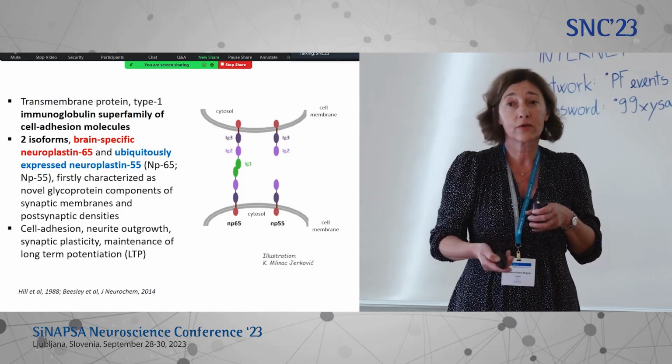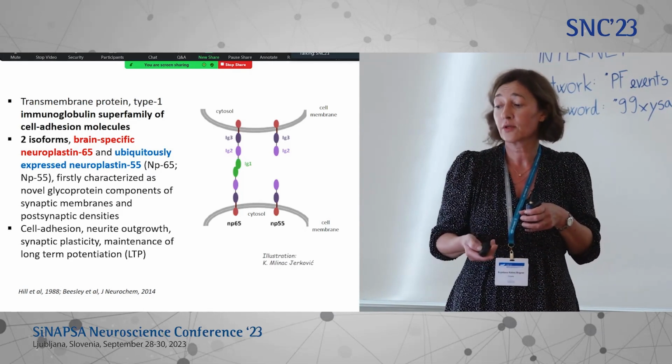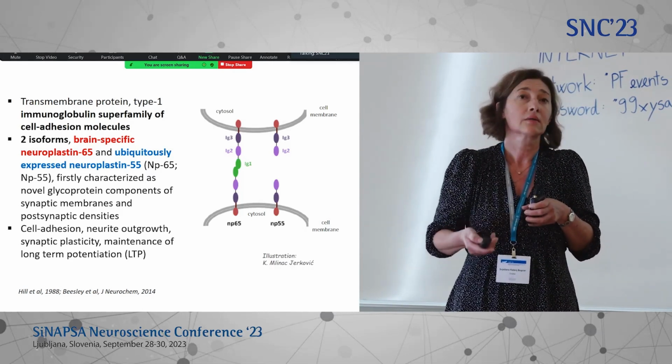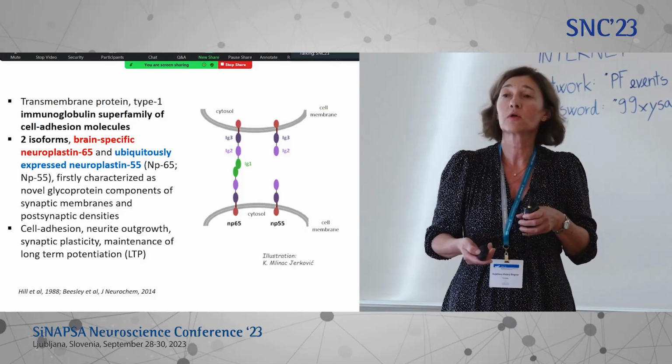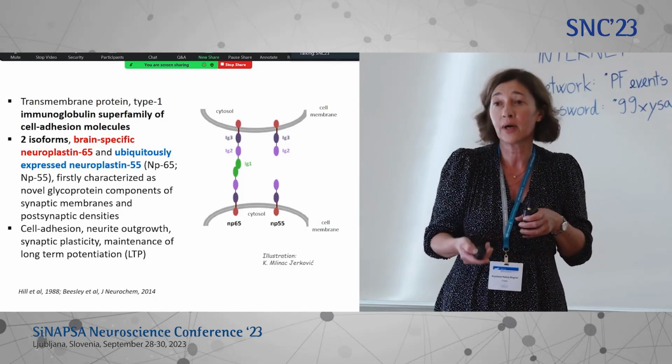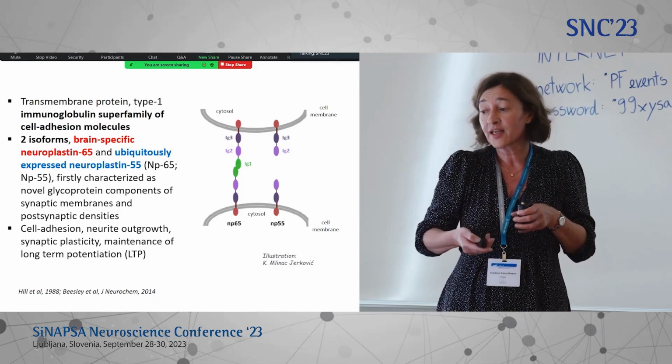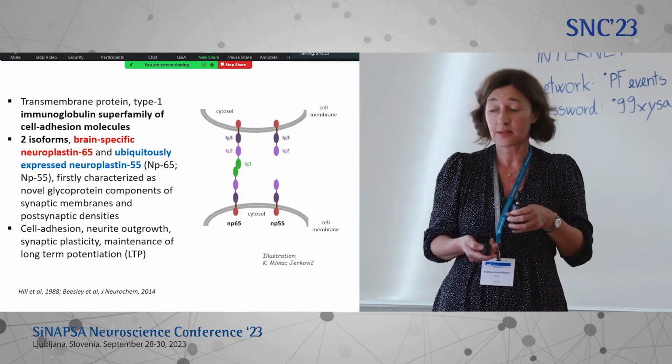Anyway, the name itself, neuroplastin, was annotated when first studies showed that we are talking about a glycoprotein which is highly abundant in the synaptic membranes and postsynaptic densities.